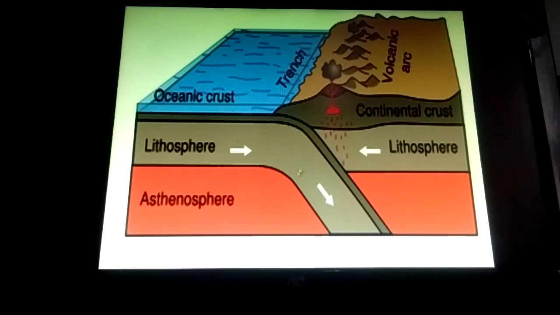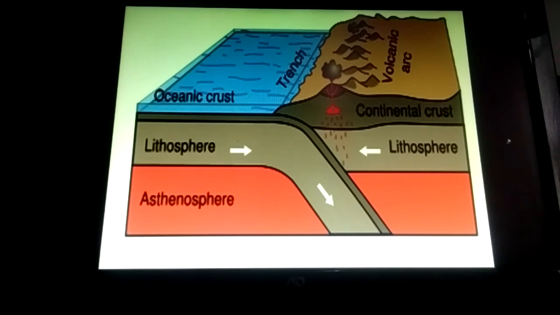These plates move in different directions and at different speeds.